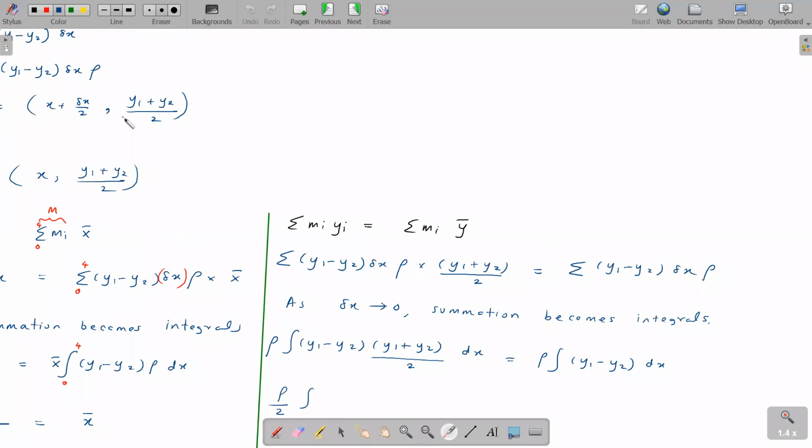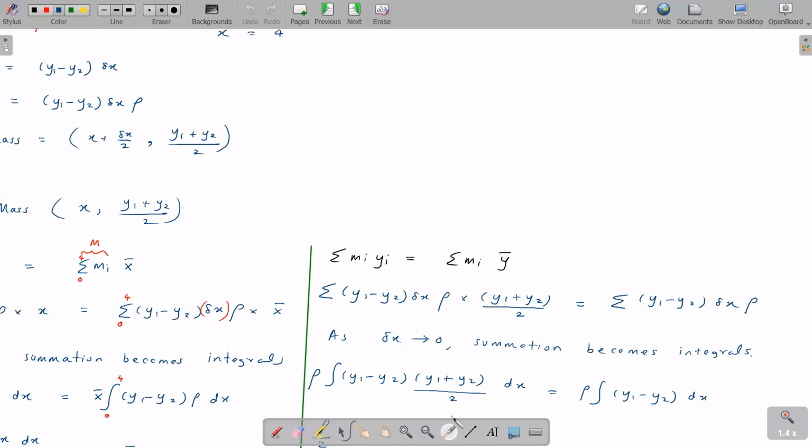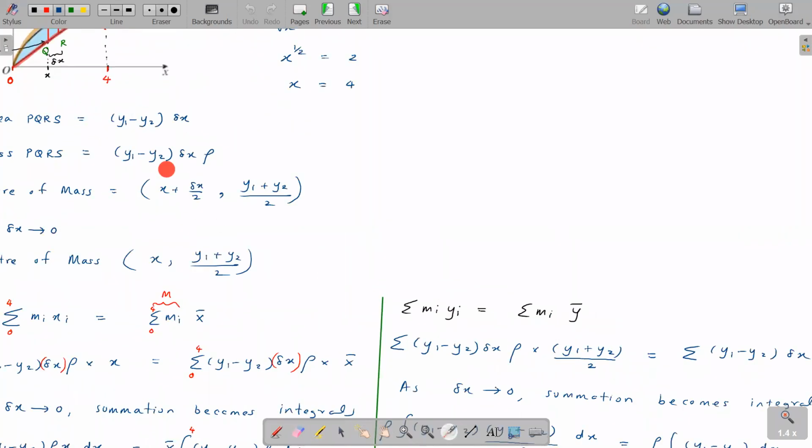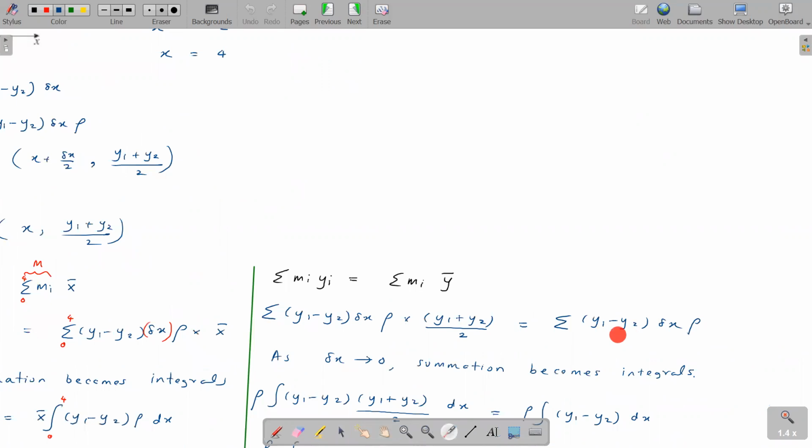Total mass is when you add the masses of all the rectangles. The mass of one rectangle is y1 minus y2 delta x into rho, and you put the summation, which means we add the masses of all the rectangles. The summation limits are from 0 to 4, right?